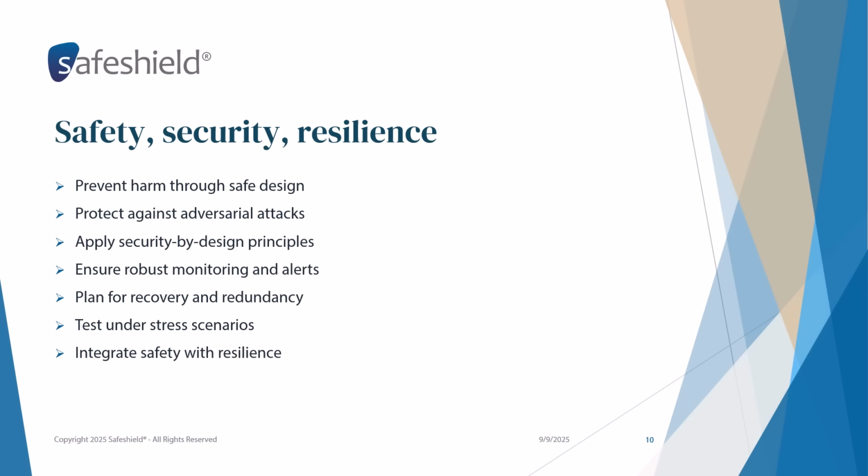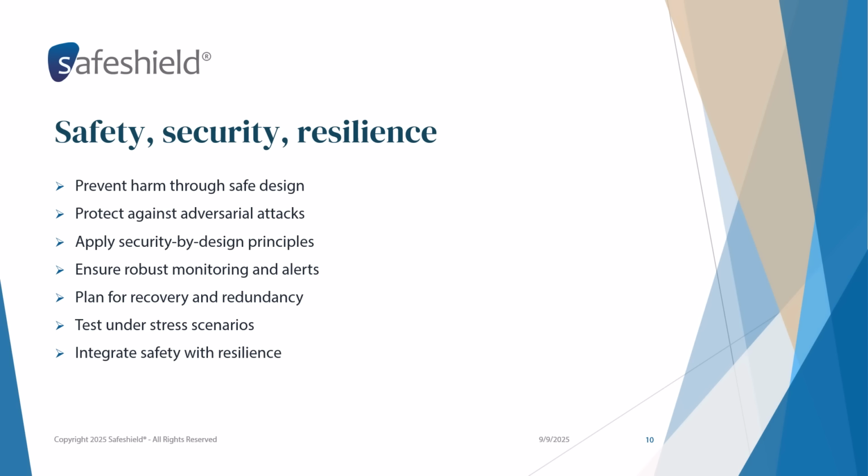Safety, security, and resilience are essential dimensions of AI governance because they address the technical reliability and risk profile of AI systems. Safety means preventing AI from causing harm to people, property, or the environment. This means ensuring that systems operate within defined boundaries, avoid unintended actions, and function correctly under expected conditions.